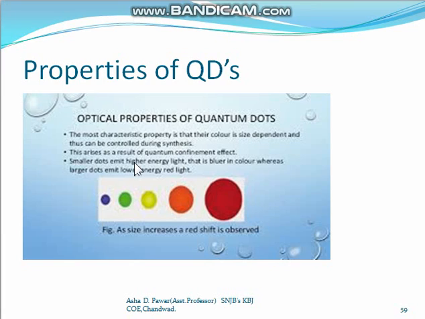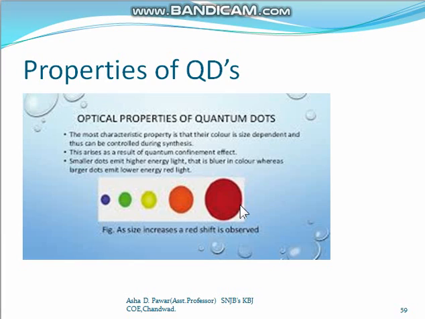If we pass light through the quantum dot material, it produces different color light, and the light produced always depends upon size. As the size increases, the color also changes. That is the most characteristic property, that their color depends upon the size of the nanomaterial.